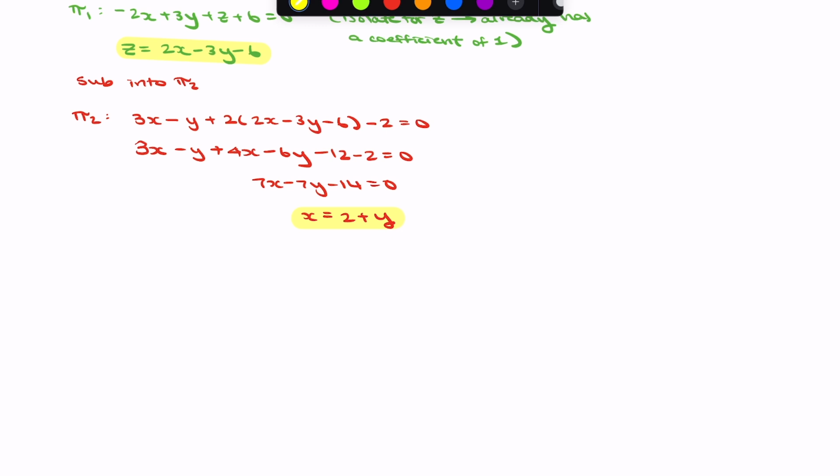We have x is equal to 2 plus y, and z is equal to 2x minus 3y minus 6.